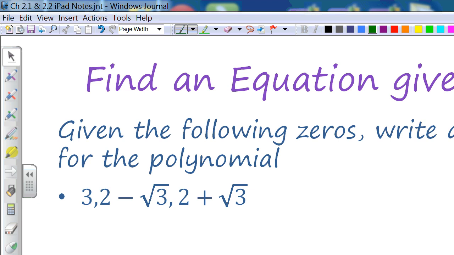Irrational, if you remember this from Algebra 2, always appear in conjugates, as do imaginary. This all comes from our quadratic formula. Remember the plus and minus? Remember our quadratic formula was negative b plus or minus the square root of b squared minus 4ac all over 2a.